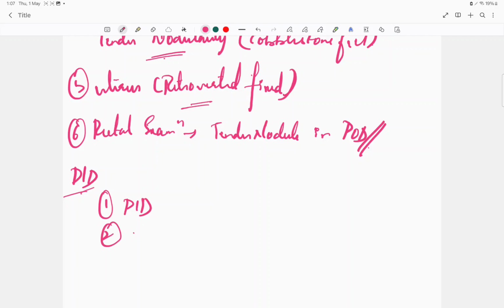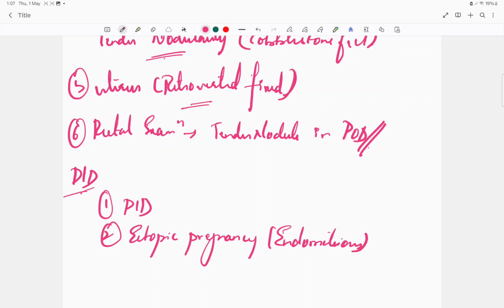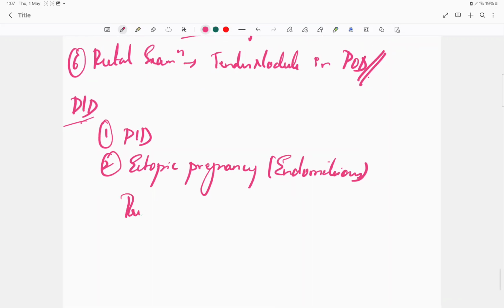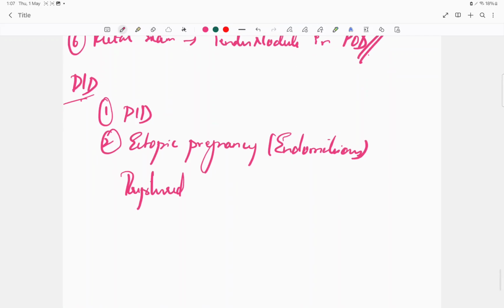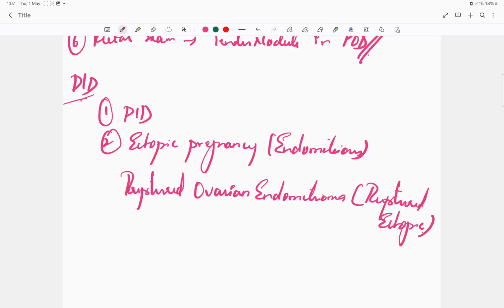Second, ectopic pregnancy can mimic endometriosis, but this is an MCQ: it's the other way around. A ruptured ovarian cyst or endometrioma will mimic a ruptured ectopic. That's a differential diagnosis.